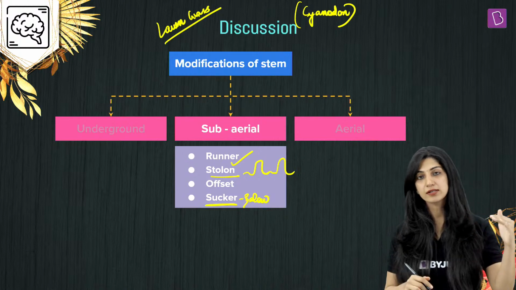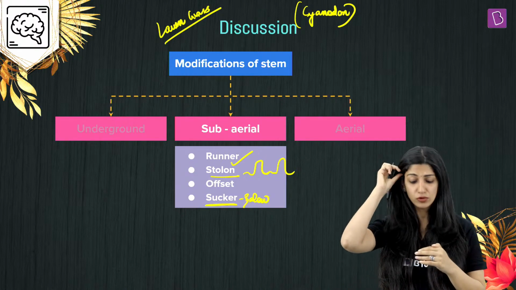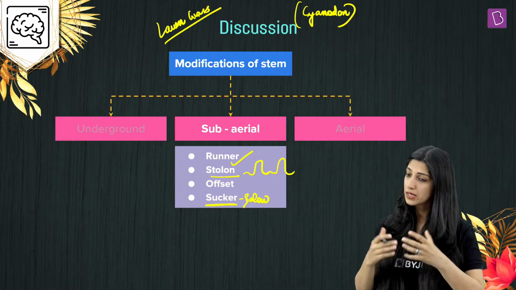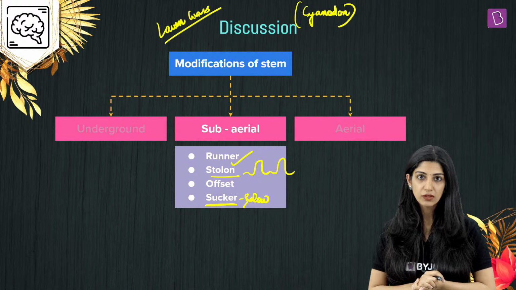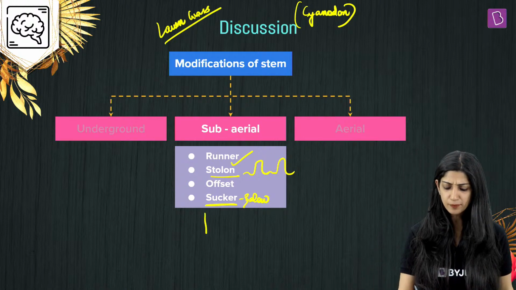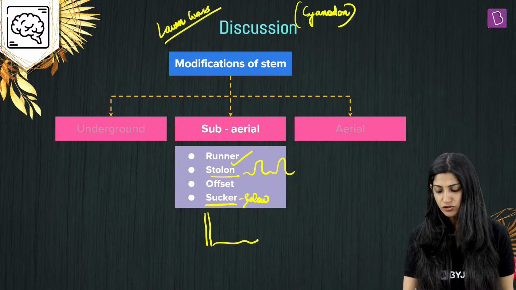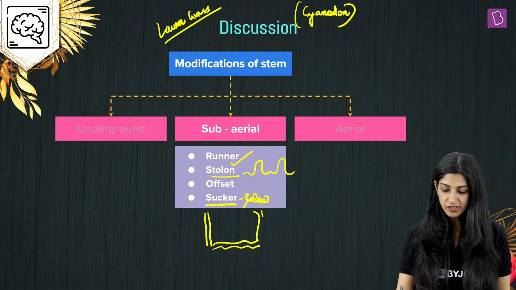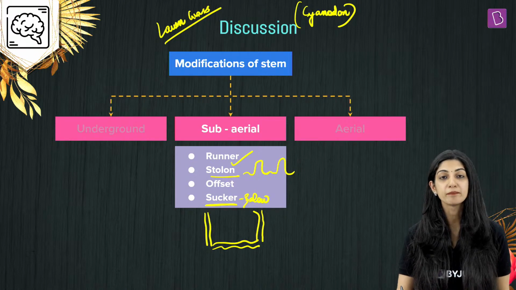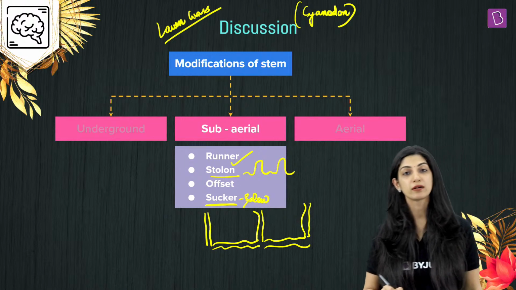Once again, runner is running on the ground. It's a creeper on the ground. Sucker is below the ground. It is also running to propagate fast. The aerial stem remains in its place, it has no problem. It gives a branch which helps to propagate. It runs very fast, gives rise to another aerial stem. Then it runs and gives rise to another new plant.